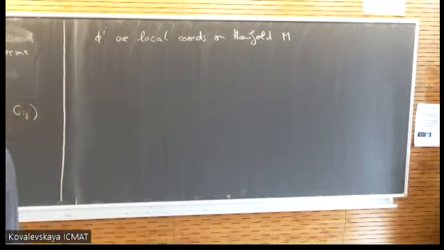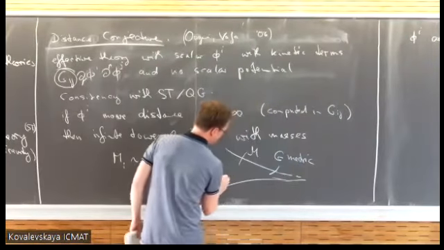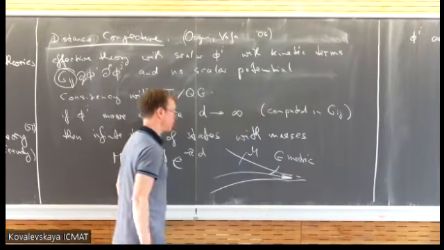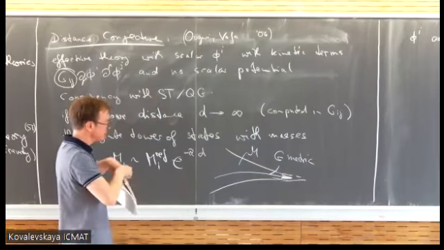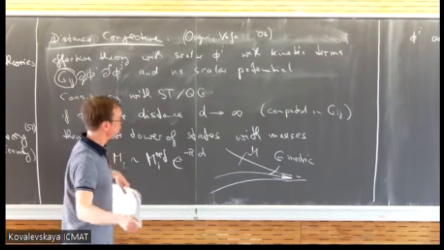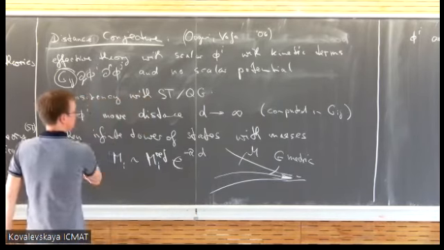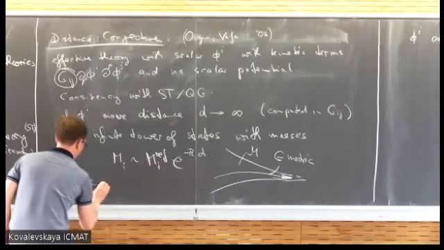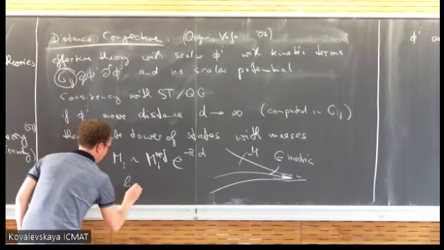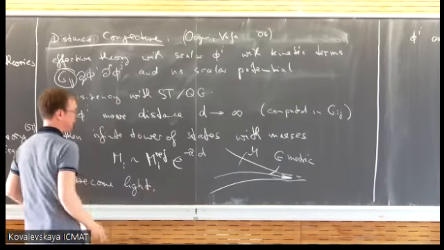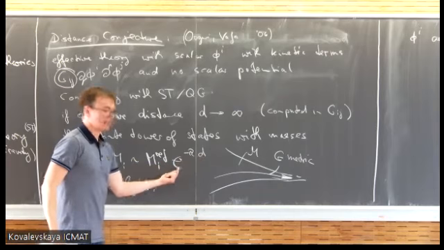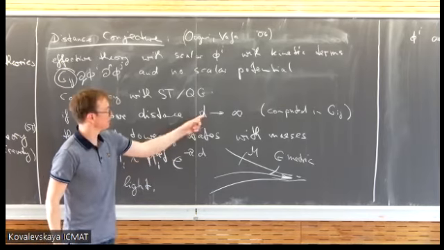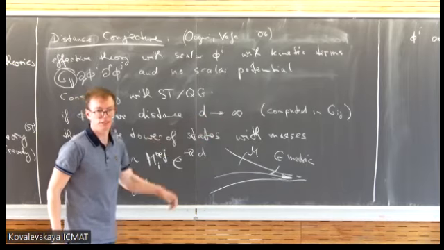Then the statement is that if I move in a region where this metric degenerates, so where the distance becomes really long, even infinitely long, then an infinite tower of states become light. And with light, I mean that they are becoming exponentially light. It's just an exponential suppression in the limit d goes to infinity.